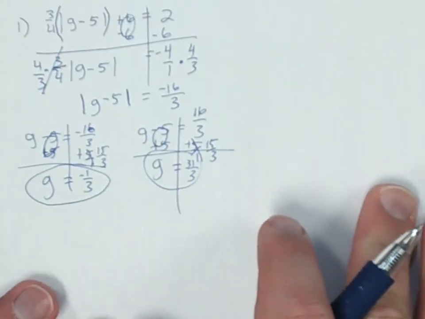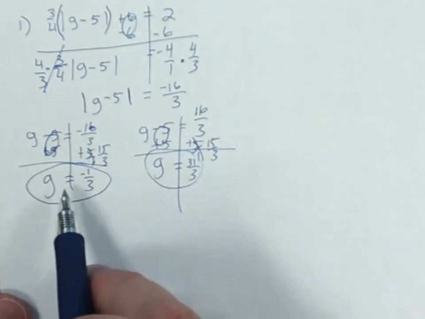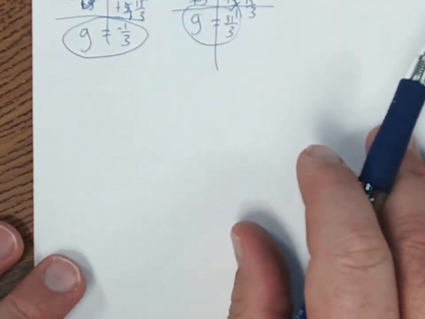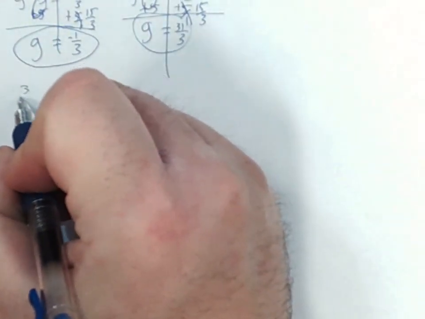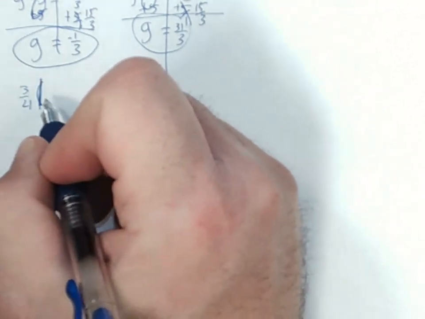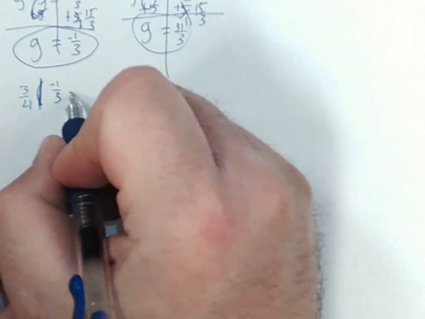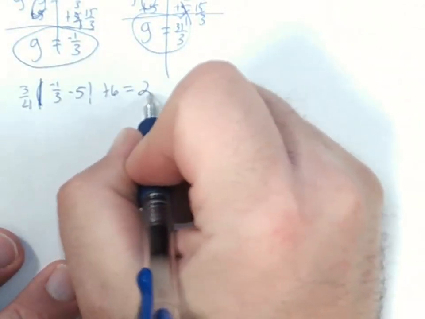Now the question is, are those correct or not? Or are they values that don't work? Are they extraneous? So I need to take both of these and plug them back into the original equation. So I will do that now. We will have 3/4 times the absolute value, sorry, I meant to put a bar, not a parenthesis, of negative 1/3 minus 5 plus 6, and hopefully that equals 2.